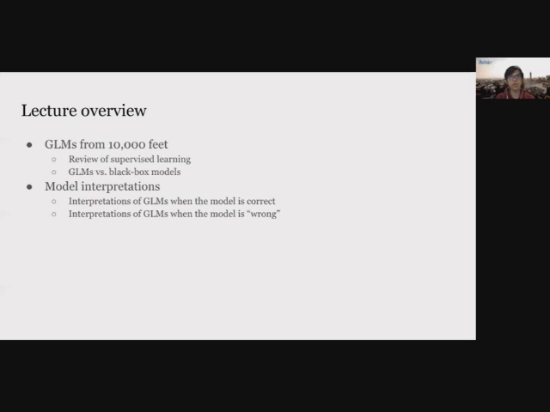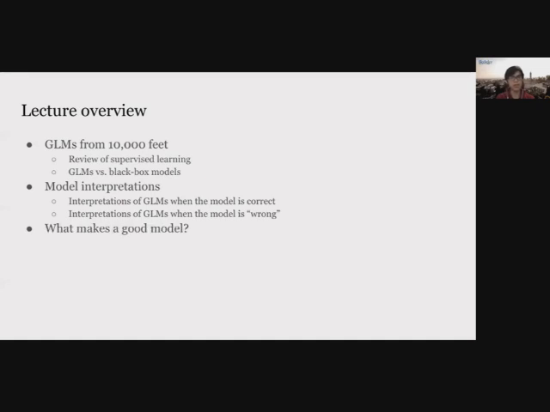I'm saying this is more important because in the real world, most of the time, or in fact, all of the time, the model that you prescribe is going to be wrong in some respect. There's this famous saying by the famous statistician George Box, who said that all models are wrong, but some models are useful. So we want to think about how to make use of models even when they are wrong.